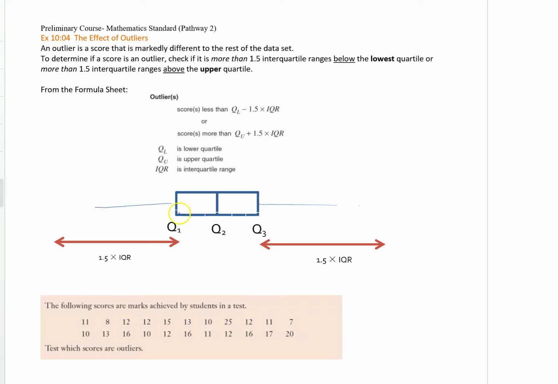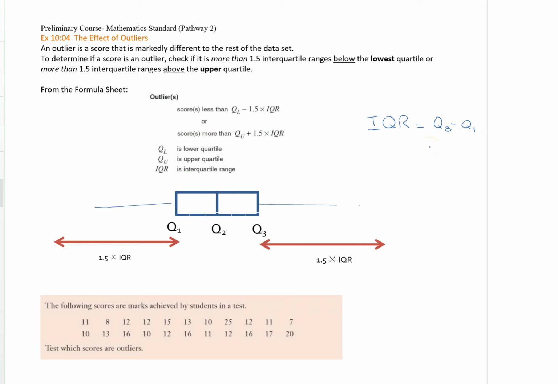To form the box part of the box plot, you need to calculate Q1, the median, and Q3. Now, there are some other calculations. You'll also need your interquartile range, which we know to be Q3 minus Q1. So you'll have to have worked that out.